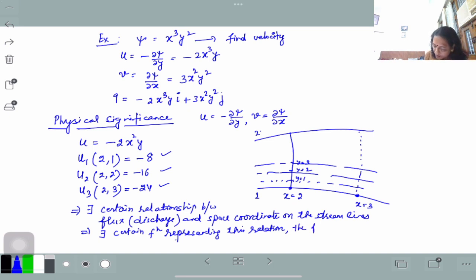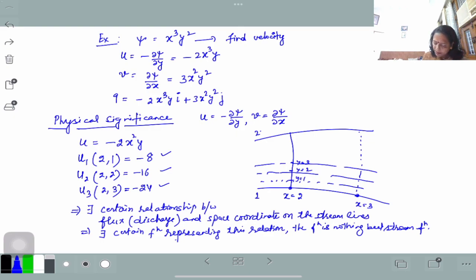The function is nothing but the stream function. So I have introduced the stream function with the help of a very simple visualization, a very simple example.